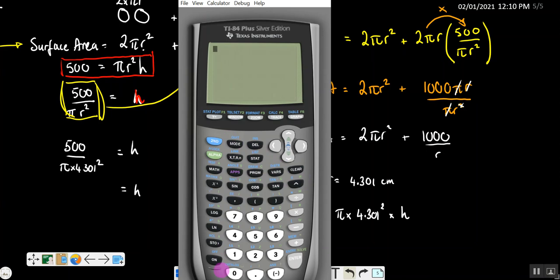So solve that. So again, I'm going to use my fraction button. 500 divided by, chuck it all in as it is written, pi times 4.301 squared. Enter. 8.604.